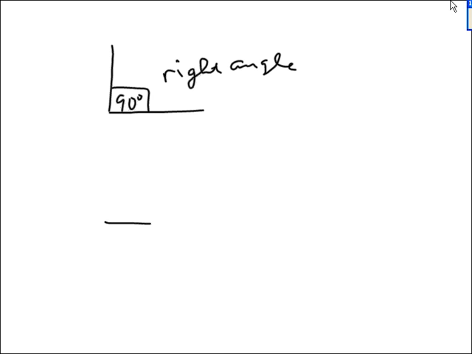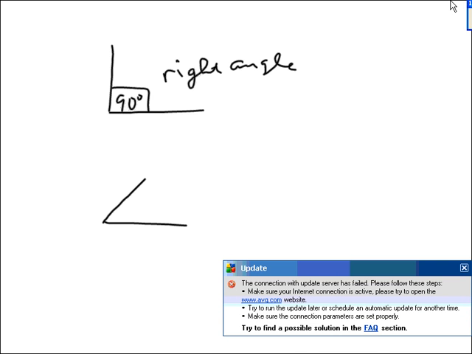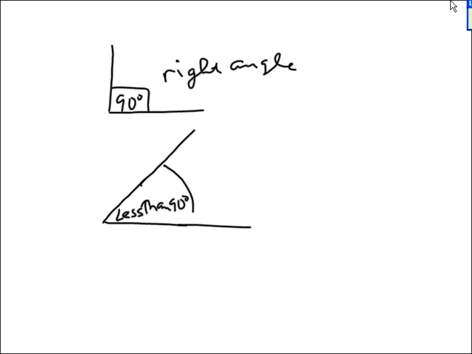If you are an angle and you are less than 90 degrees, you are called an acute angle. It's less than 90.